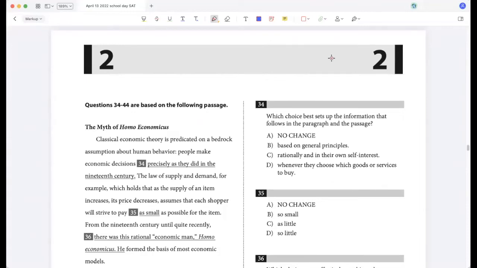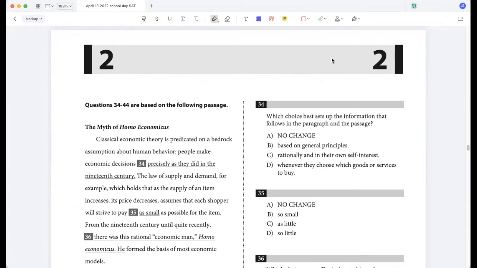The myth of Homo economicus. Classical economic theory is predicated on a bedrock assumption about human behavior. People make economic decisions precisely as they did in the 19th century. Which choice best sets up the information that follows in the paragraph in the passage?